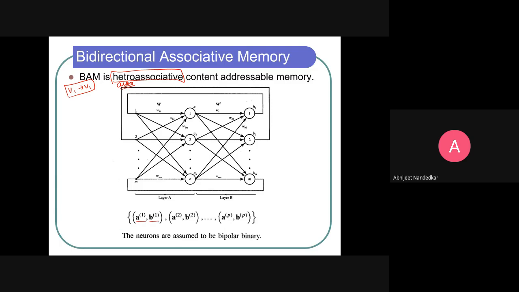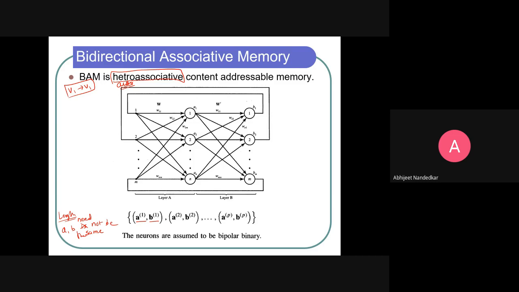So here it means that the length of the A vector and B vector is not the same, or need not be the same. If that is the requirement, then I should go for BAM, bidirectional associative memory.